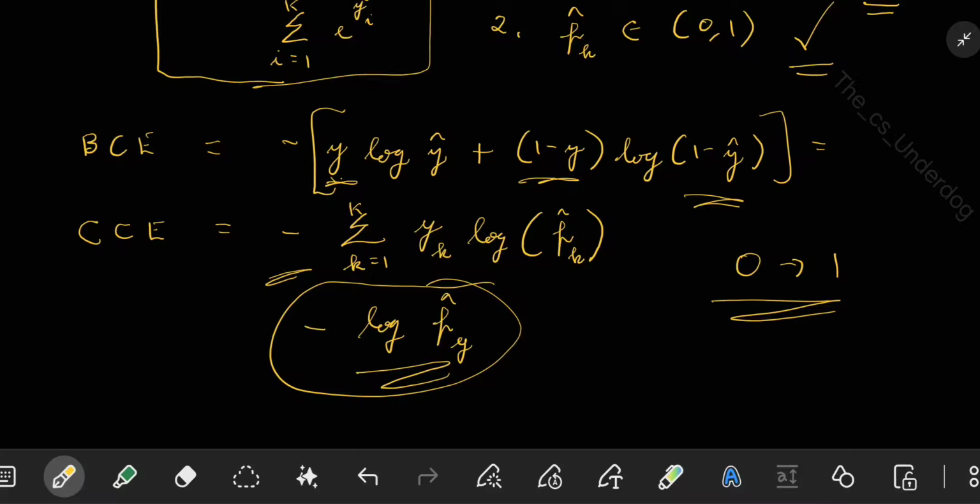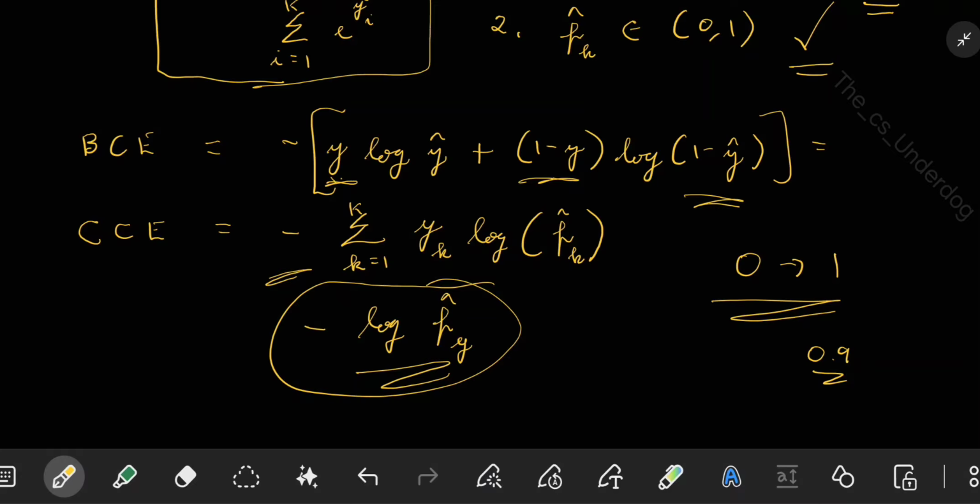Let us say for the true class, the probability outputted by the model is very close to 1, let us say 0.9. My loss should be low in this case because the model is predicting the true label. When it says 0.9, it is almost close to 1 for the true label, so the loss should be lesser.